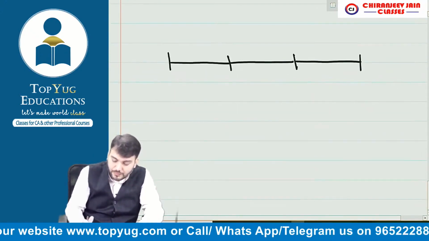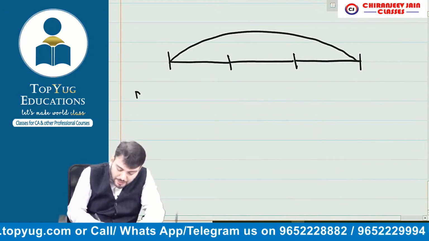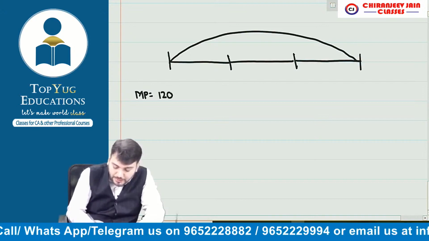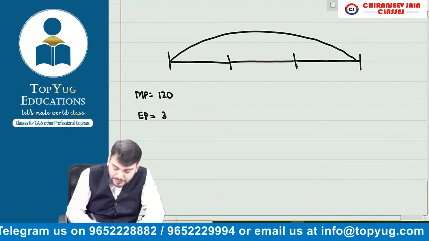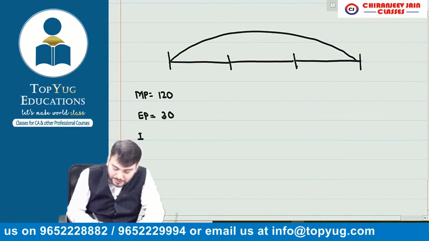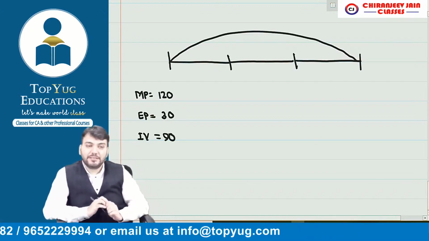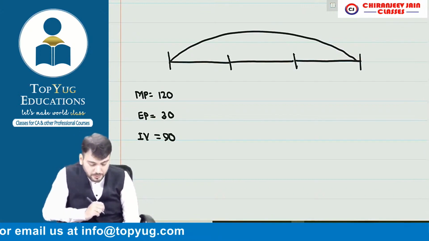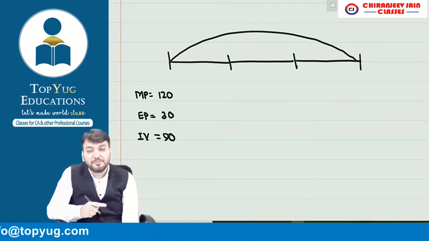मेरी बात को. Suppose this is the vesting period, and market price on grant date is suppose 120 and exercise price is suppose 30. So intrinsic value is 90. Correct? Understood this point? Now, can I say market price may change?